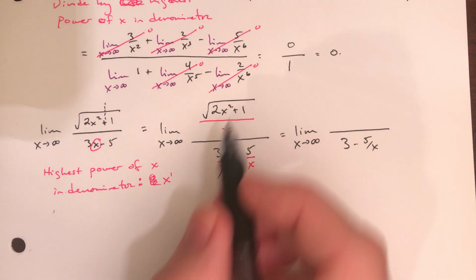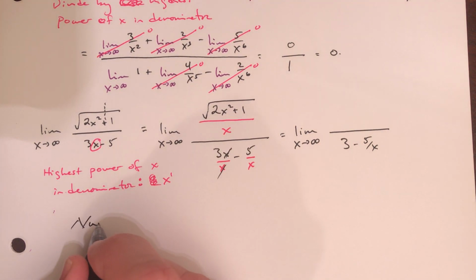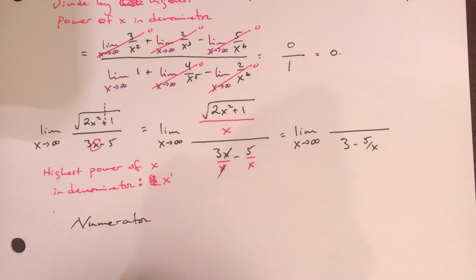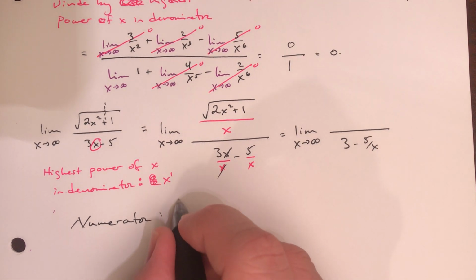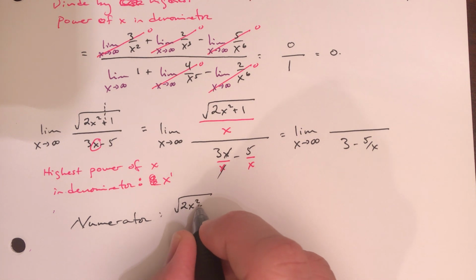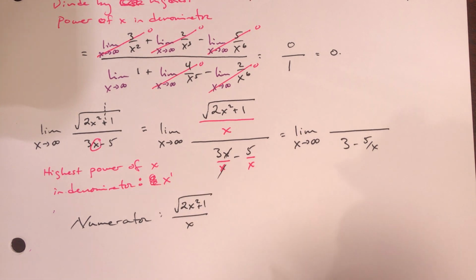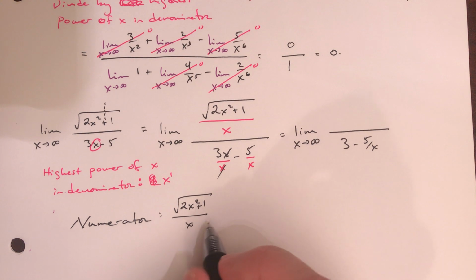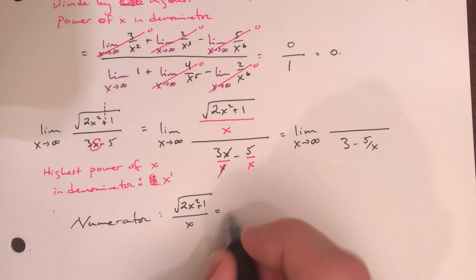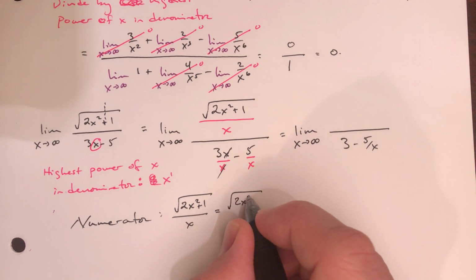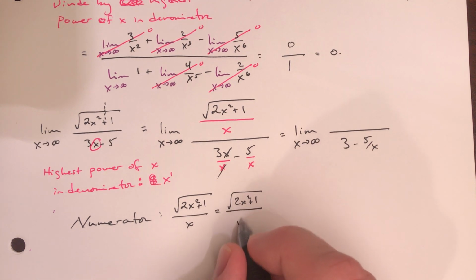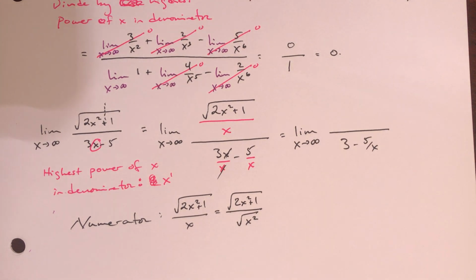And now I want to look at this numerator. I want to come down here and simplify that, because I want to do just a little bit of trickery with that x in the denominator. And I'm going to say that x is the same thing as the square root of x squared.